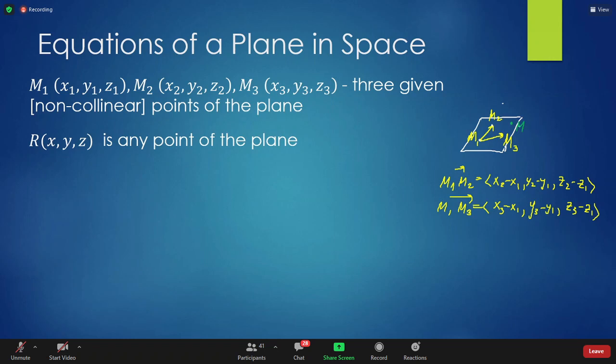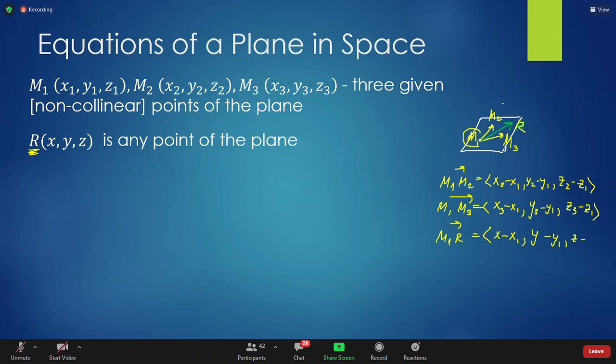So the vector M1R, because R is any point x, y, z in the plane, then I have x minus, again, starting point M1, so x minus x1, y minus y1, and for the third coordinate, exactly the same thing.